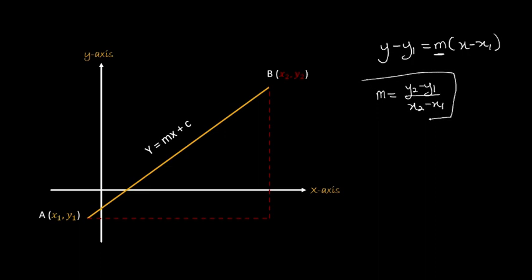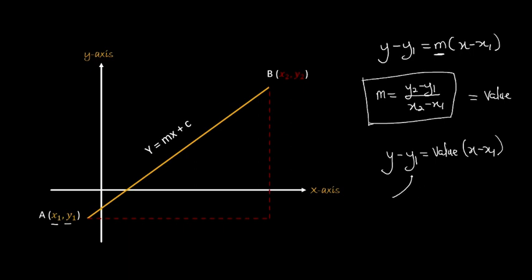So if you use this in calculating the gradient, the value you obtain, you substitute that value into the expression y minus y1 equals, then you have that value over here, which is the gradient, into x minus x1. Already you have your x1 and y1 here, so you substitute them over here respectively, and then you find your equation of that particular straight line.